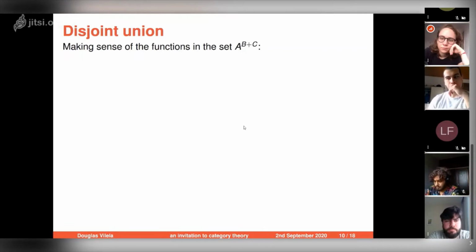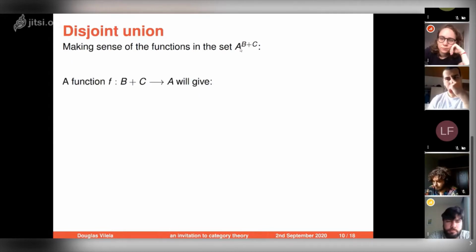We can now think of what this set really means. What does the set of functions from the disjoint union of B and C to A have to offer for us to make this proof?